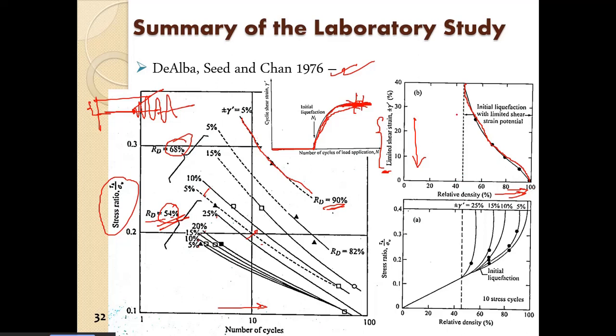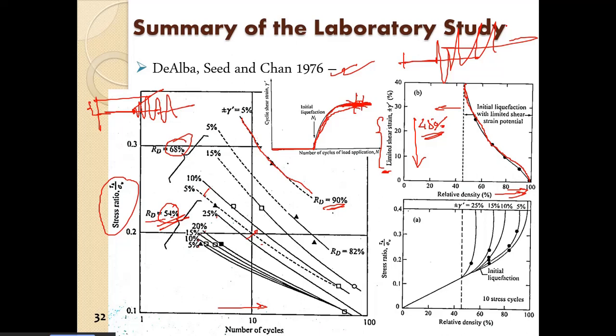They came up with the idea that beyond 45% relative density, as soon as it reaches initial liquefaction, there is uncontrolled strain, and there is unlimited shear strain.